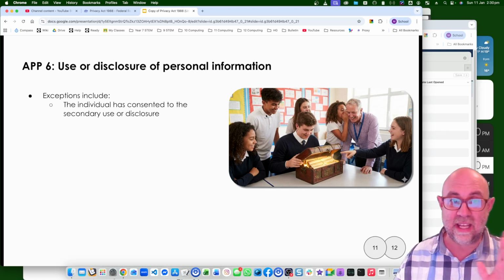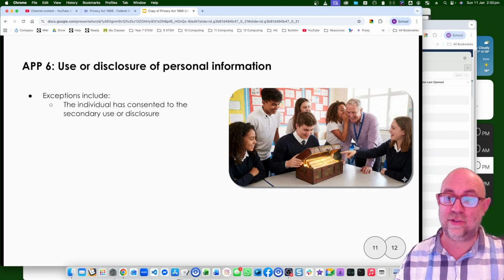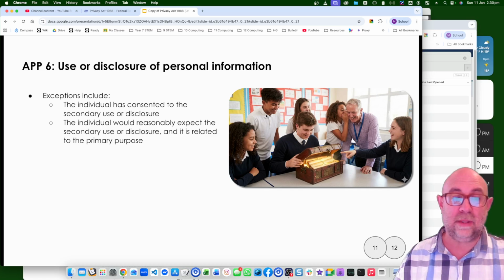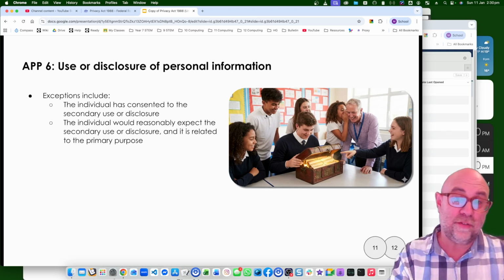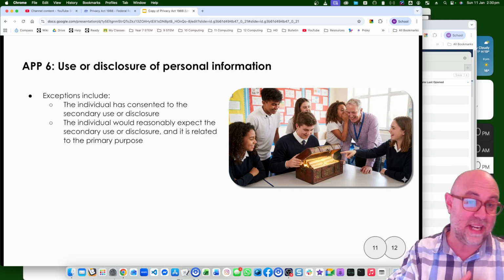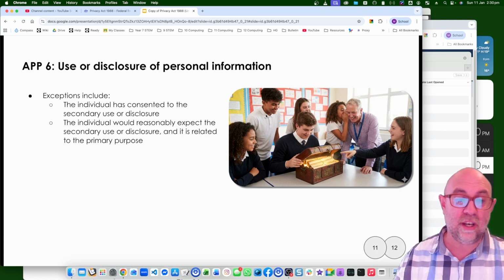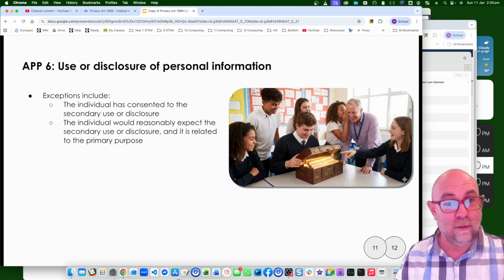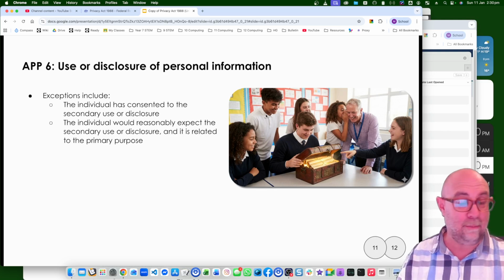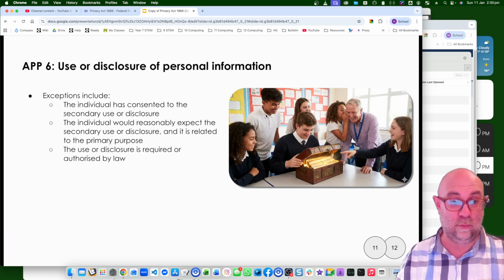So the exceptions to that, if you've consented to secondary use or disclosure, if you'd reasonably expect the secondary use or disclosure. So let's say that you've signed up to 42 Penguins and you're using it to harass somebody else. Well, you would reasonably expect that I would share your email address with the school for the purposes of dealing with the fact that that account's being used to harass someone.